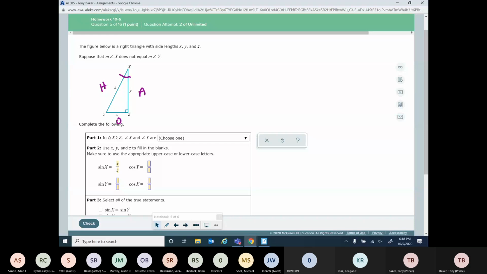Cosine of x is y over z. Now if we're standing at y, that's my opposite, that's my adjacent, and that's my hypotenuse. So cosine of y is x over z, and sine of y is y over z.